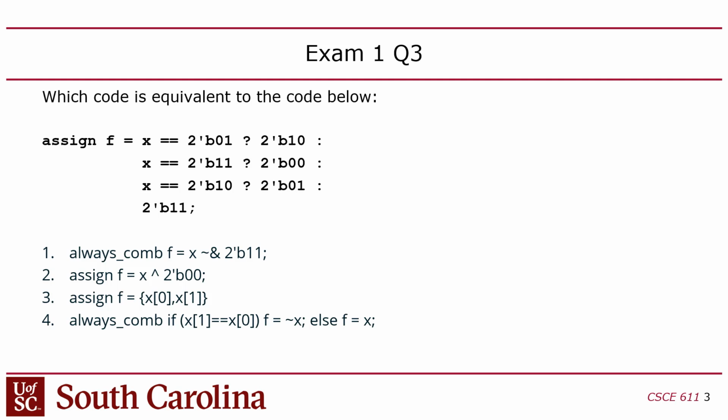Does that make sense? So in other words, if X is 0, 0, and you're doing XOR with 0, 0, if you have a 0 XOR 0 is 0, right? And 0 XOR 1 is 1.